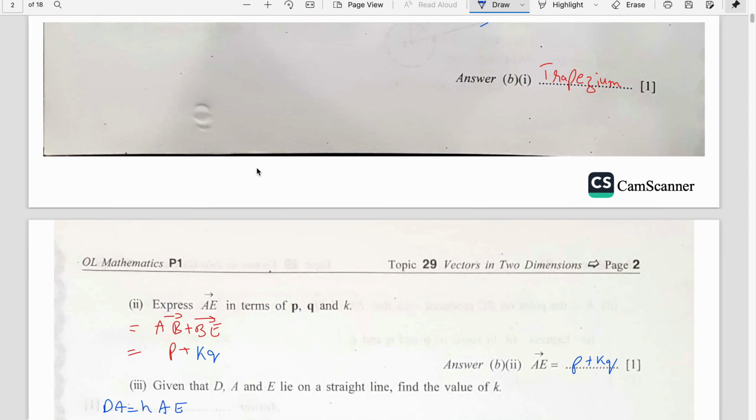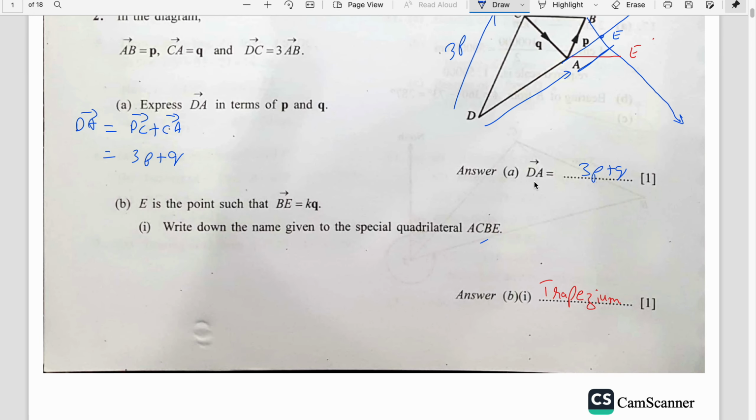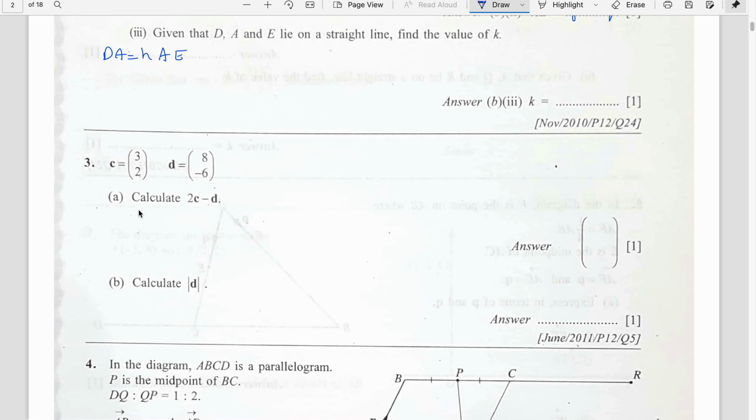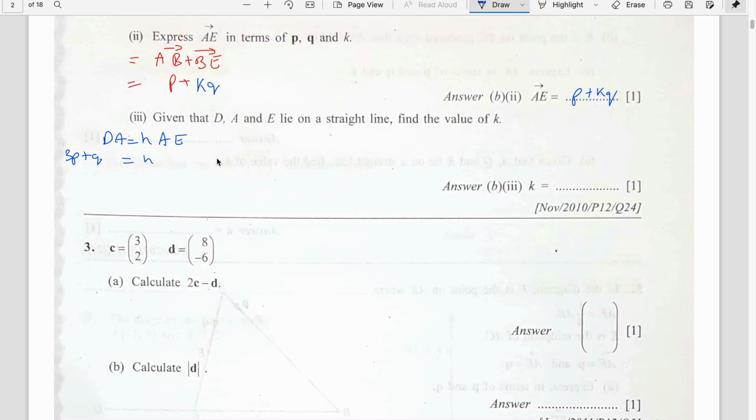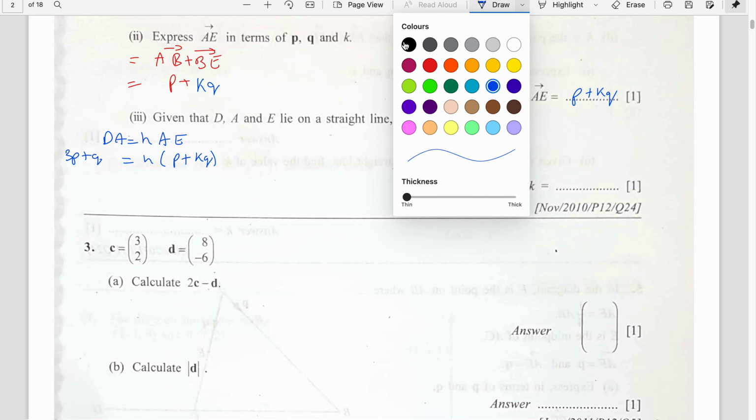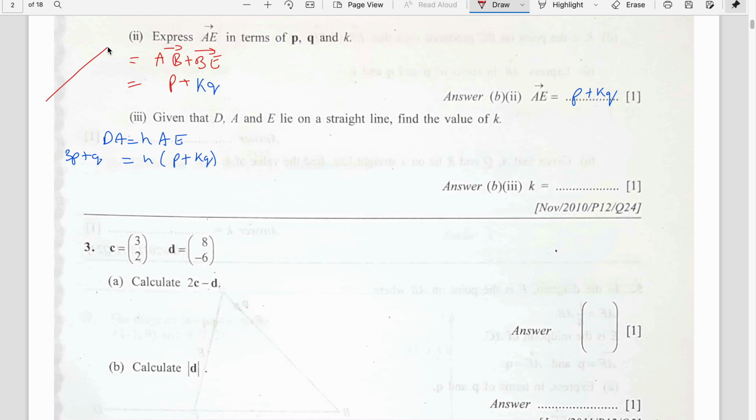So copy the value for DA, which is 3P plus Q, and AE is P plus KQ. Now we know that they lie on a straight line. This is D, this is A, this is E. They lie on a straight line, but it is definitely not equal, so it is H times.